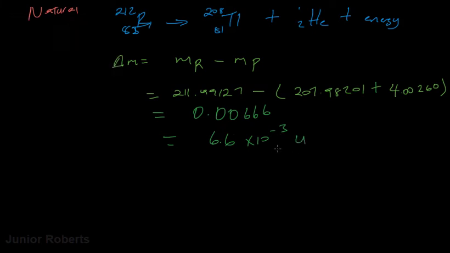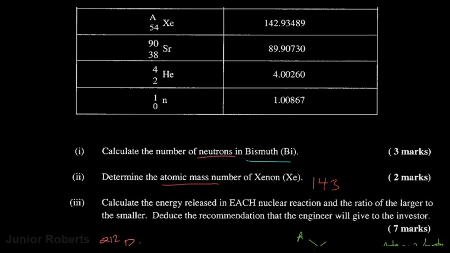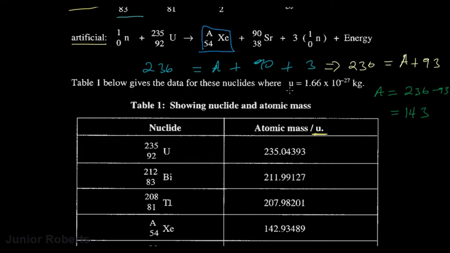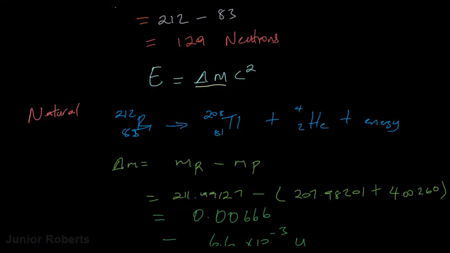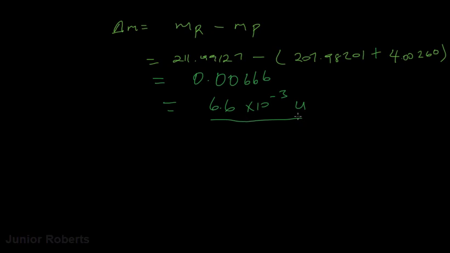Now, before we can actually apply our formula, we need to convert this from atomic mass unit to kilograms. We're going to do so by multiplying this by the value for the atomic mass unit, which is given here as U is equal to 1.66 times 10 to the minus 27 kilograms. So we're going to take our mass in atomic mass unit, 6.6 times 10 to the minus 3, multiplied by 1.66 times 10 to the minus 27 kilograms.